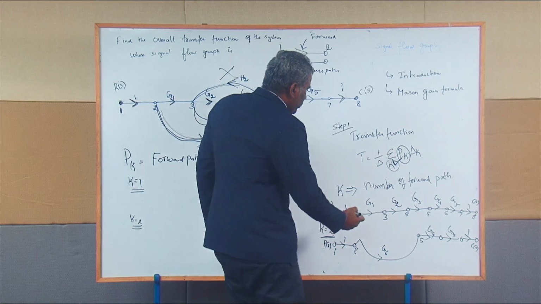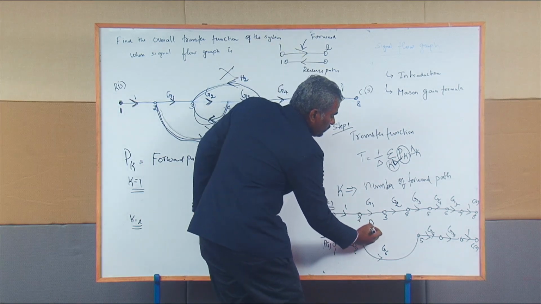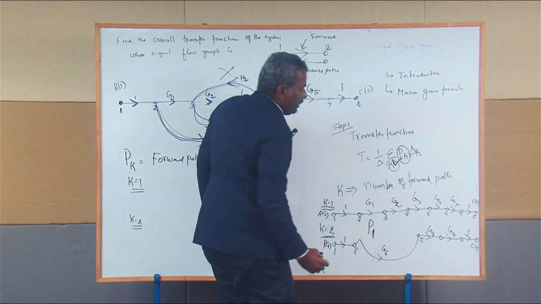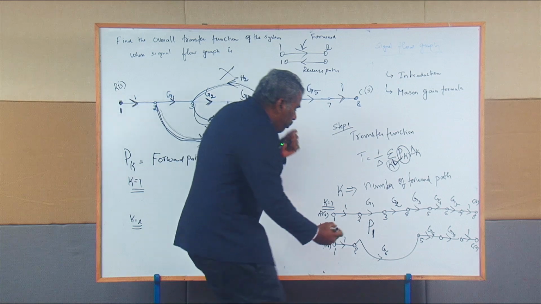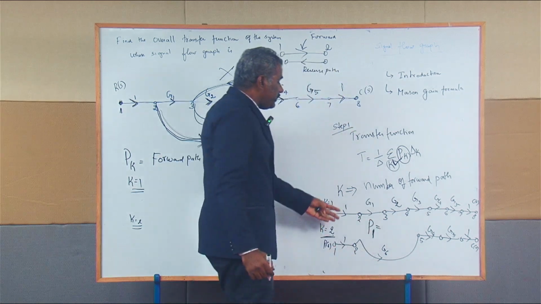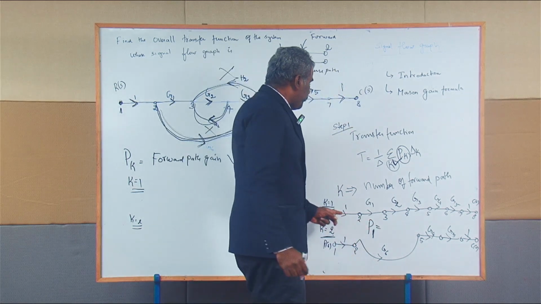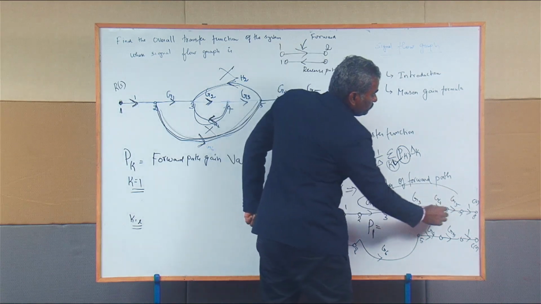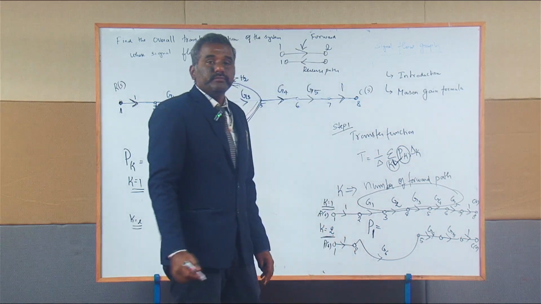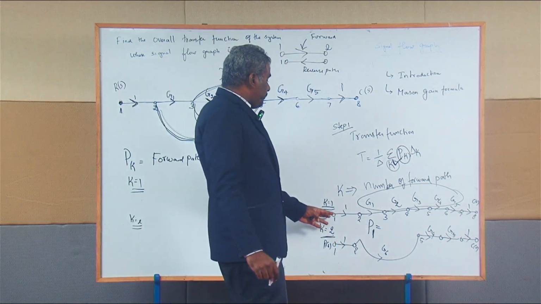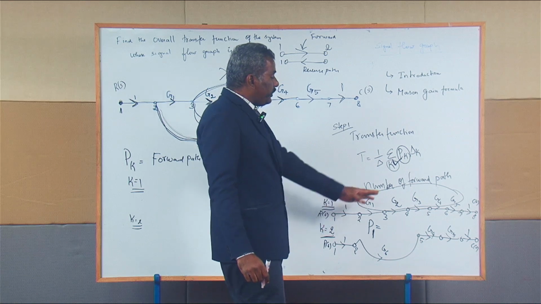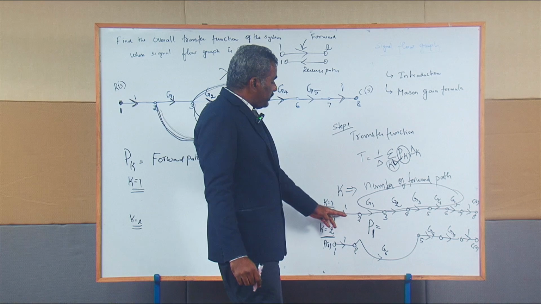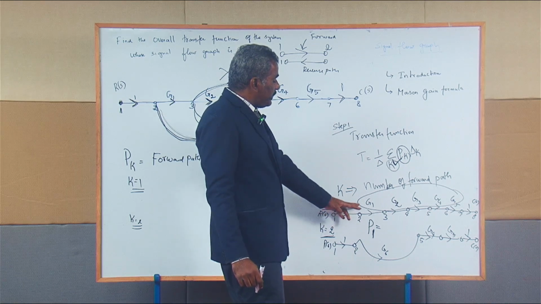So how to find out the gain value is nothing but p suffix k, where k equal to 1, then the k value is indicated as 1. Straight away you may give the gain value p suffix 1 equal to the multiples of all these gain values. The path number 1 begins from 1 and reaches 8, and in the forward path arrow marks themselves you may find the gain.